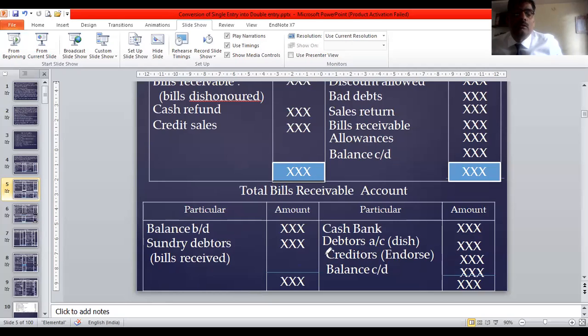This is for endorsement of bills receivable, and this is cash refund for excess cash. These 2 points I have not given in the format. You note down these 2 points. And next is regarding the creditors account.